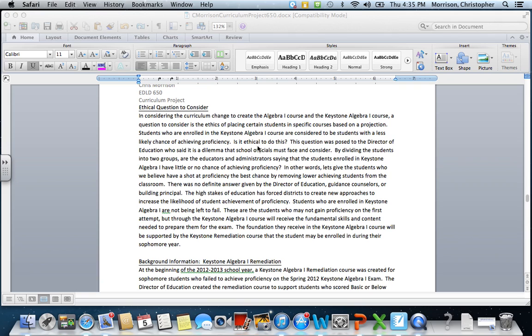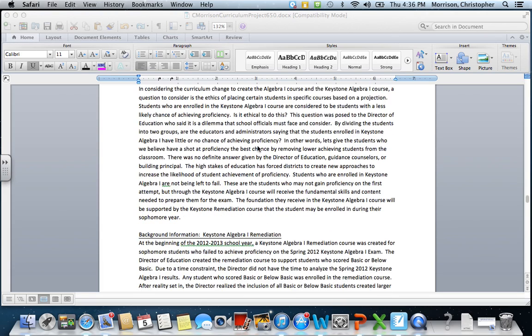Now, you're using data to determine that, but at the same time, some people may think that by selecting these lower achieving students and putting them into their own class together, you are not expecting as high expectations from these students as you would from students enrolled in a regular Algebra 1 course. There's really not a solution. There wasn't some magical answer that I came up with, so I did my best to explain what I thought the ethical question was for this part.